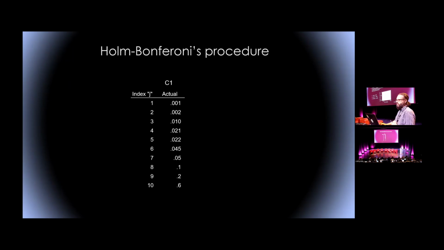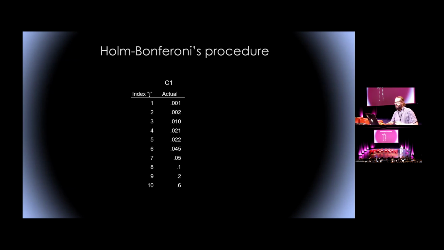And to do that, there's the Holm-Bonferroni method. And so here, let's imagine we don't have 10,000 values, we just have 10 p-values. And so here we have the actual p-values, and we want to know whether these survive correction for multiple comparison.